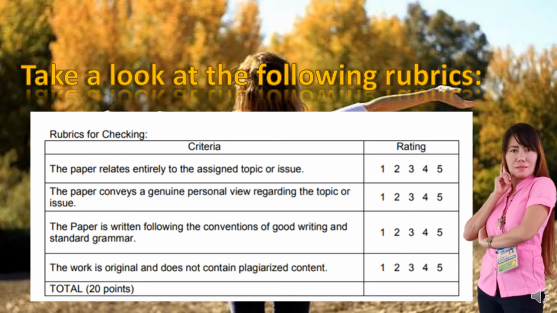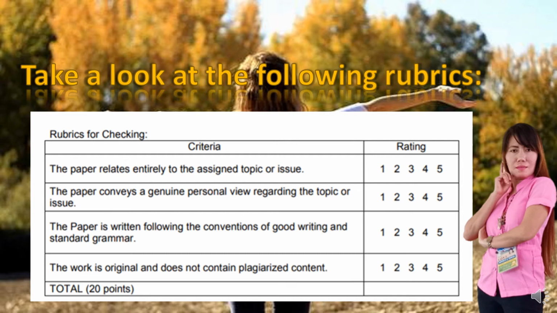For the rubrics, you're going to write your reflection, and if your paper relates entirely to the assigned topic or issue, the highest will be 5 and the lowest will be 1. If your reflection conveys a genuine personal view regarding the topic or issue, meaning it shows your own personal belief or your own idea, you did not copy it from any materials, especially from the internet.